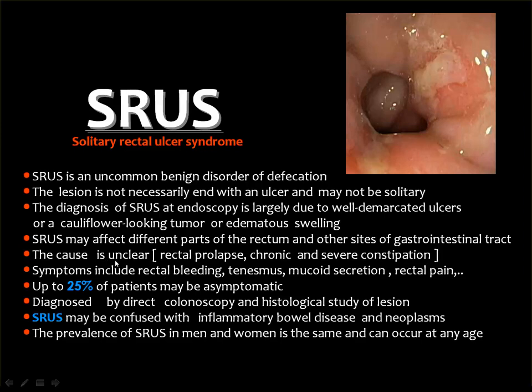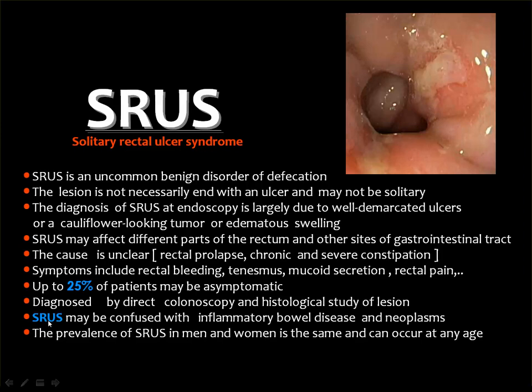The cause is unclear and may be related to rectal prolapse or severe constipation. The symptoms include rectal bleeding, tenesmus, mucoid secretions, rectal pain, and about 25% of the patients are asymptomatic. The main diagnosis is by direct colonoscopy and histopathological study of the lesion.